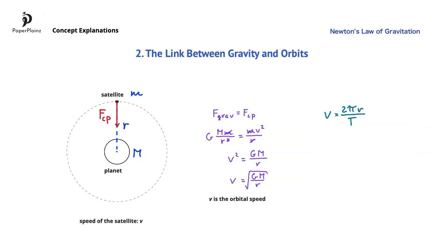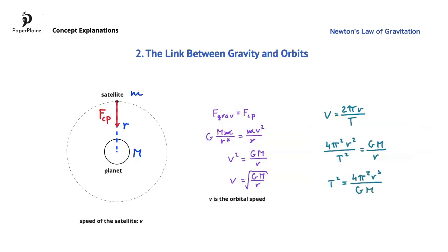You can see from our working in the purple text that v squared is equal to G times uppercase M divided by r. Now if we square 2 pi r over T, we get 4 pi squared r squared over T squared, and as this is an expression for v squared, we can equate this to GM over r. Rearranging gives us that T squared is equal to 4 pi squared r cubed divided by GM.